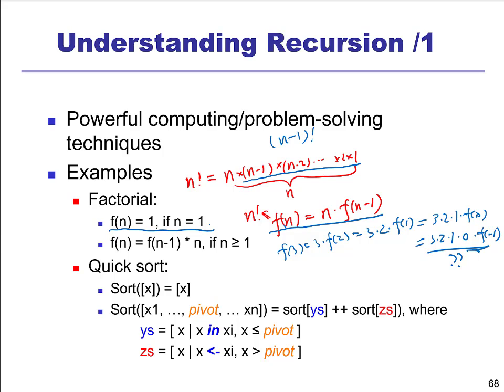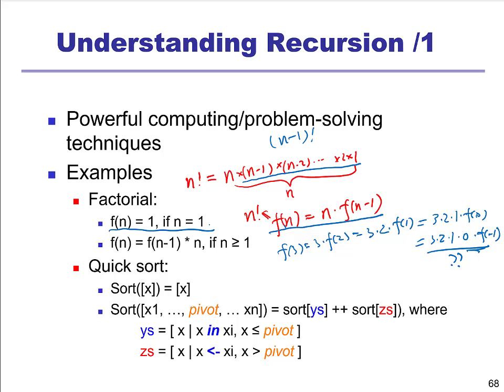So we need to know where we can stop. Otherwise, we will do the recursion again and again. The stack becomes longer and longer, and eventually it is endless. So it must end at some point. That is called the base case.